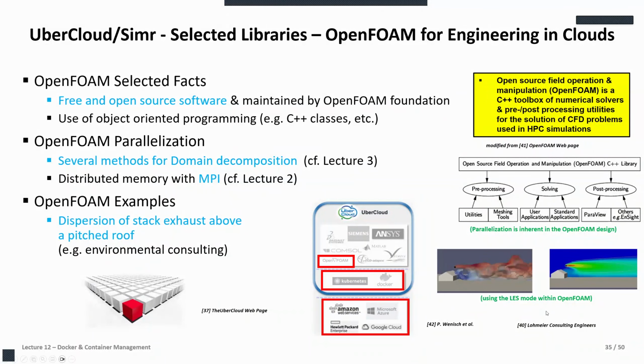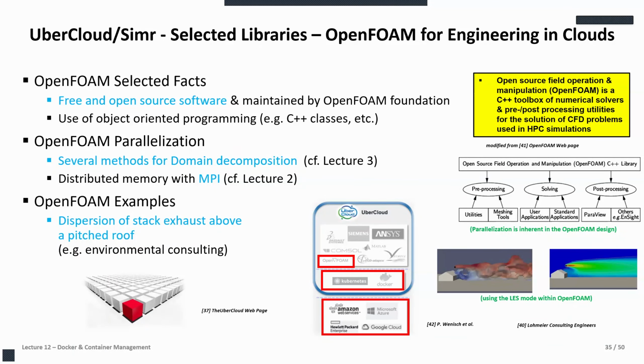You see here a large eddy simulation, LES mode, with OpenFOAM, for instance, of understanding what's happening with a chimney somewhere in an industry, just as an example. And OpenFOAM is free, so that's something you can just install freely.